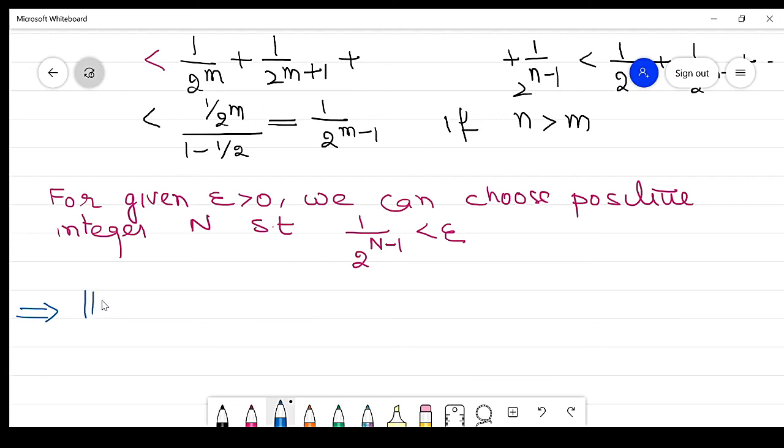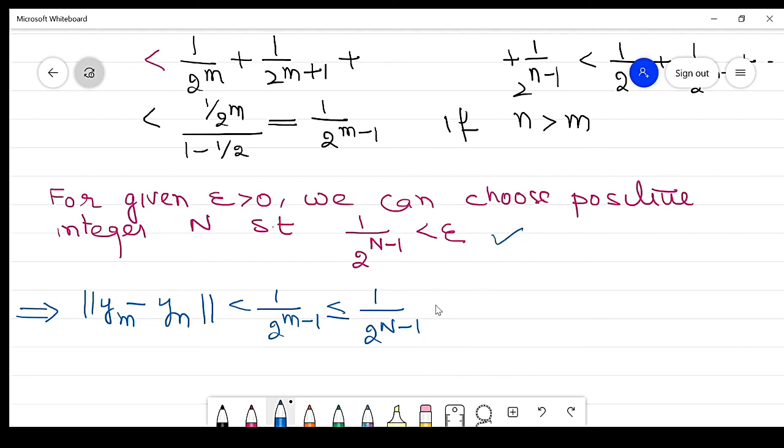It is ym minus yn, and this is less than 1 by 2 raised to power m minus 1, which is less than or equal to 1 by 2 raised to power N minus 1.